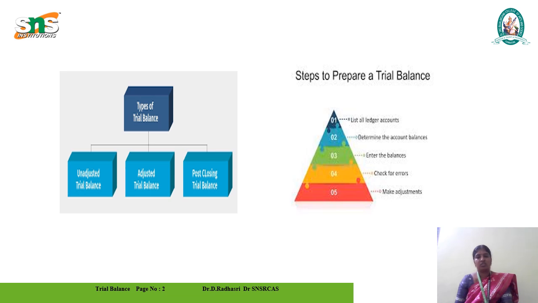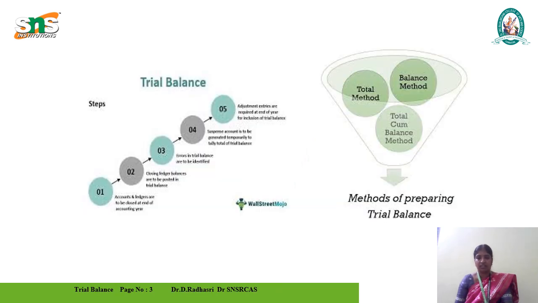These are the steps to be handled in the trial balance. The cumulative balance method and the total method can be used for balancing, and the steps can be handled in five levels.